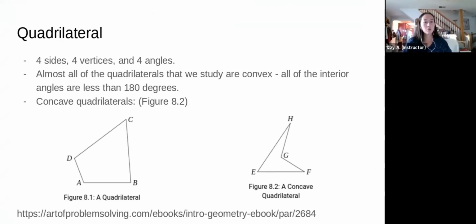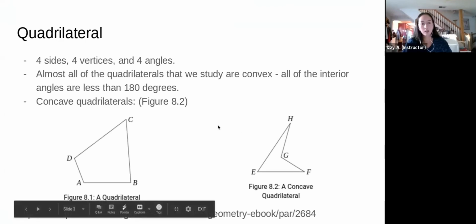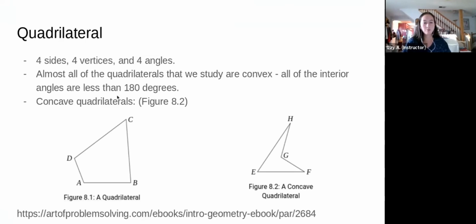Almost all the quadrilaterals that we study are convex, which means that all the interior angles are less than 180 degrees. If we look down towards the bottom of the page, we can see 2 examples of quadrilaterals: rectangles, squares, basically any shape that has 4 sides, 4 vertices, and 4 angles.